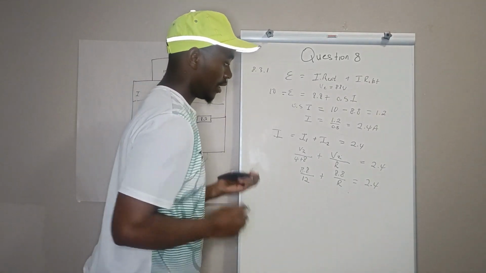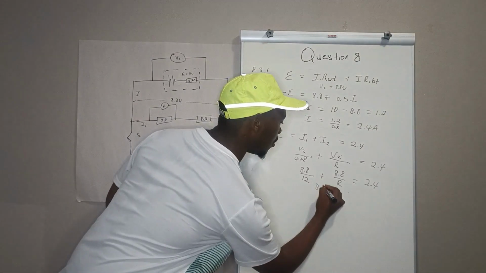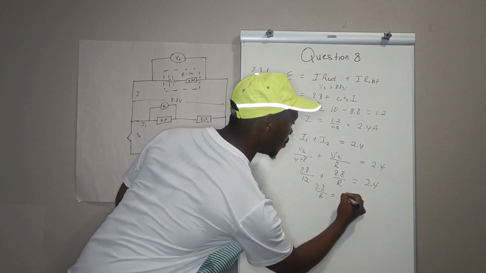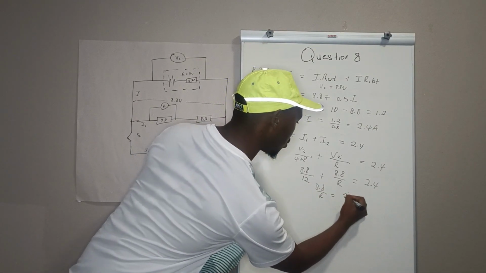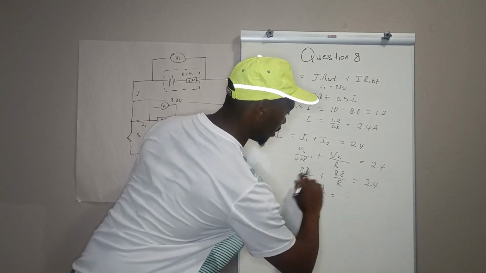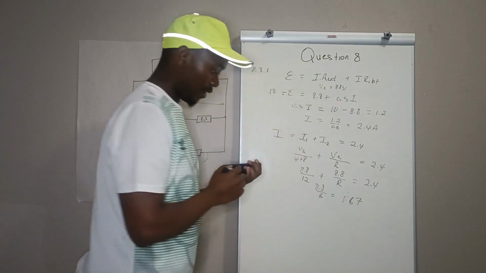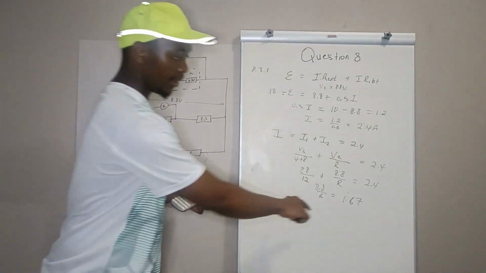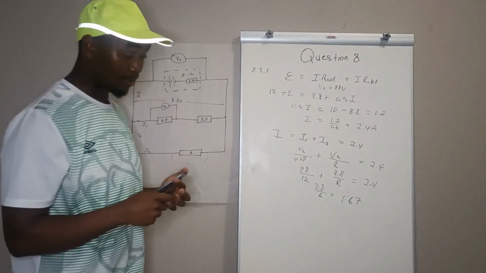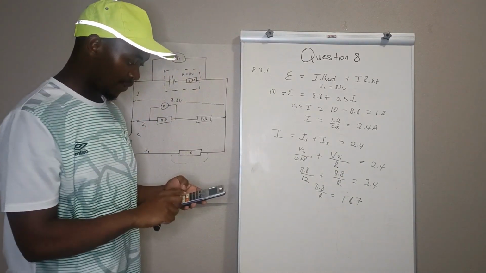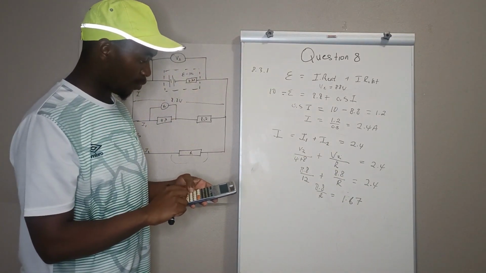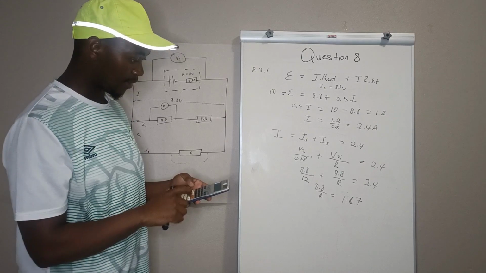That is going to be 8.8 over R equals to, if you subtract this from this side, 1.67. Therefore, when you solve for your R in here, you can go back to your maths. You're just going to have 8.8 divided by 1.67.